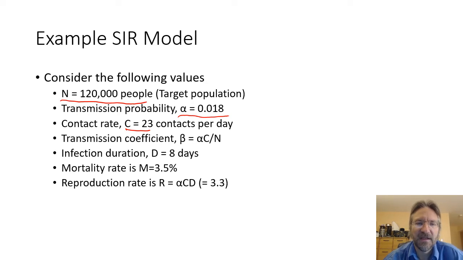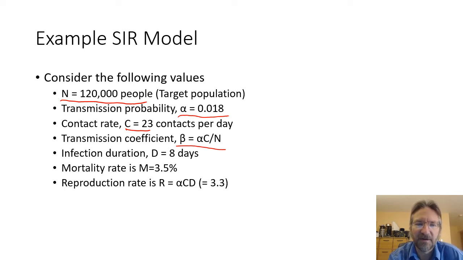That means the transmission coefficient, the probability to infect new people, is given by beta, and it's equal to alpha c divided by N. So it's proportional to the transmission probability and the contact rate, and divided by the total population.